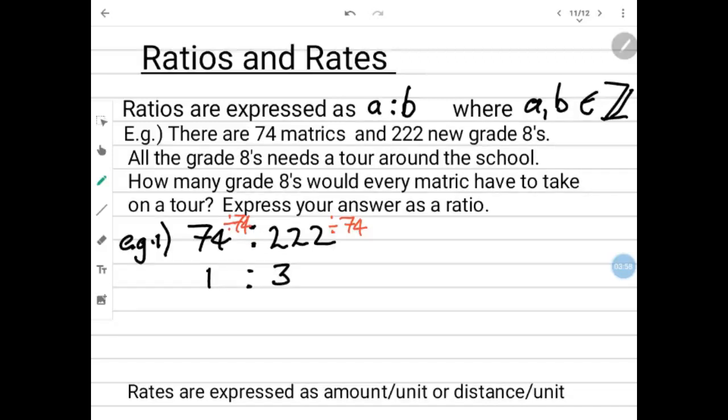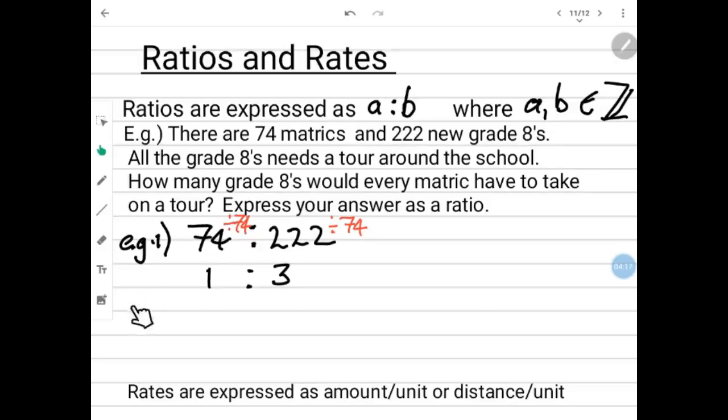Alright, so for every matric, every matric should take 3 grade 8s on a tour. Right, that's the ratio. For every one matric, there's 3 grade 8s. Alright, and that's the ratio. So now you can write the full answer if you want.